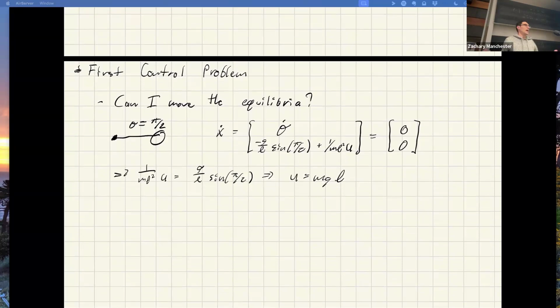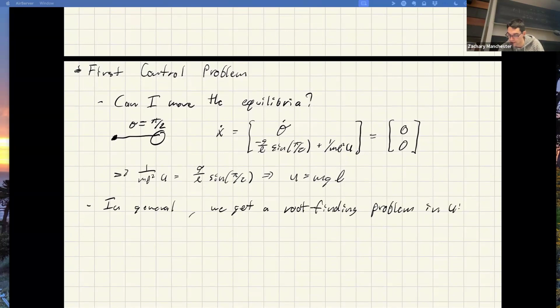You can also do this for any other theta in principle. And in general, what you're going to get is a root finding problem in u. So say I want my equilibrium point to be some x star, you're going to get this problem, f of x star comma u equals 0, and you're going to solve that for u such that this thing equals 0.